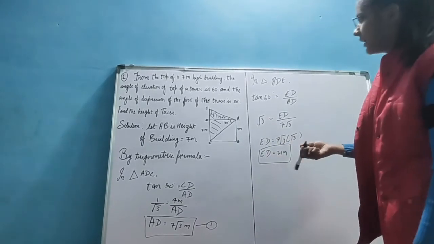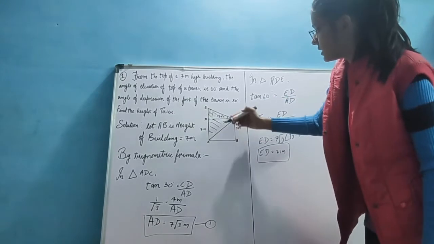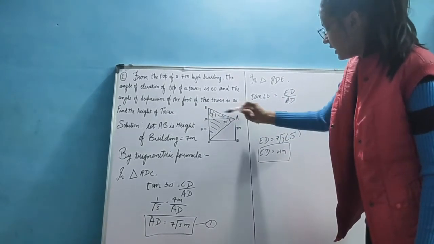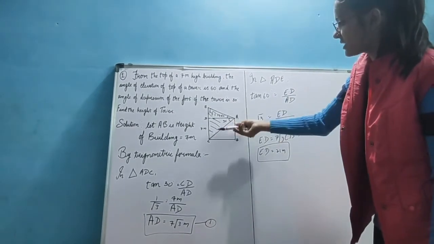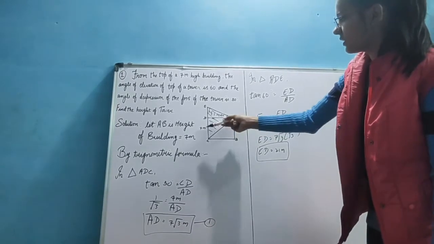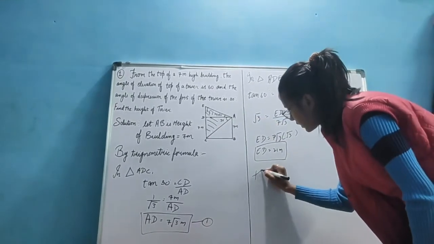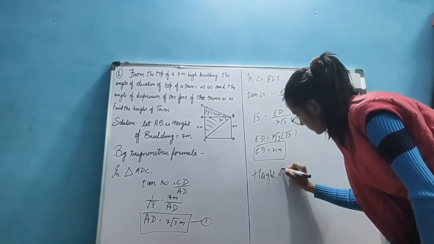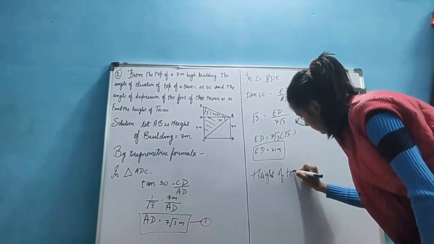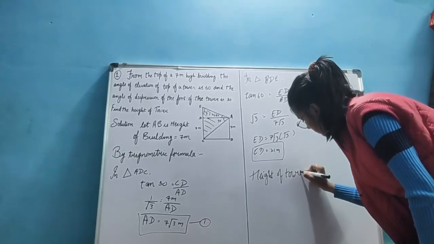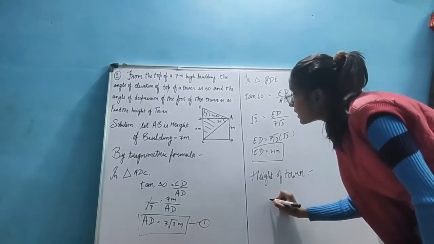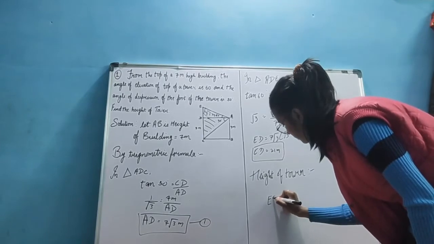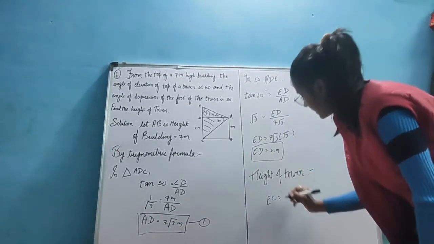But we have to find the height of the tower, which is ED plus CD. ED we found 21 meter and CD is already given, the height of the building, which is 7 meter. So height of tower EC equals ED plus CD.